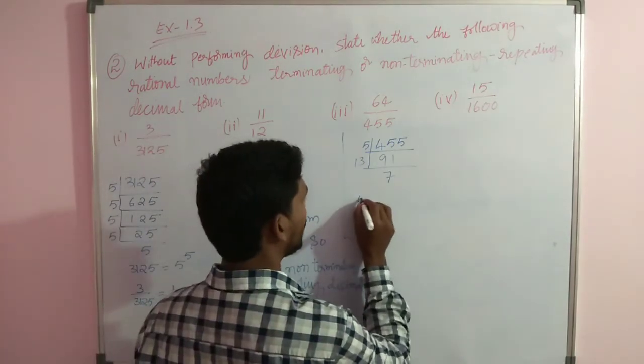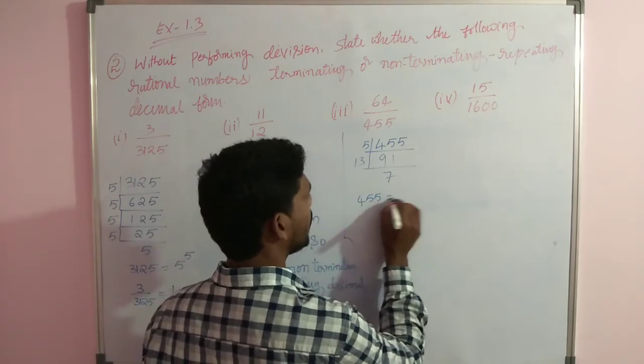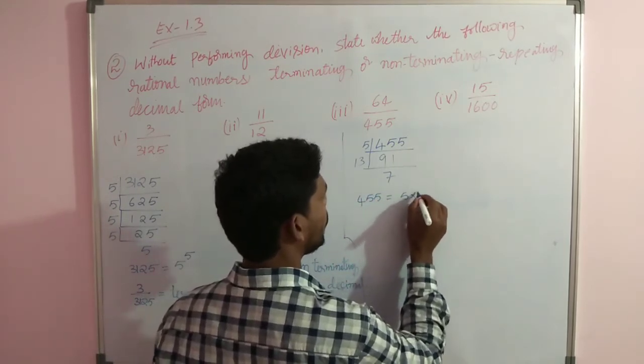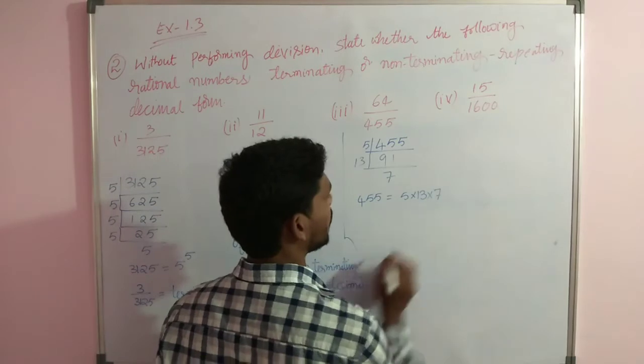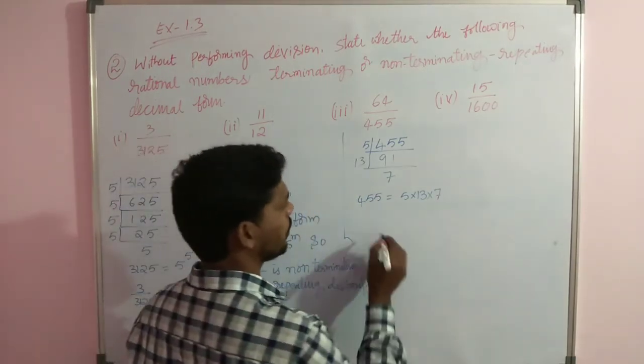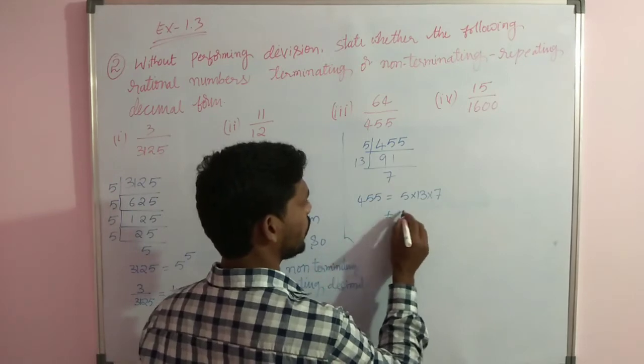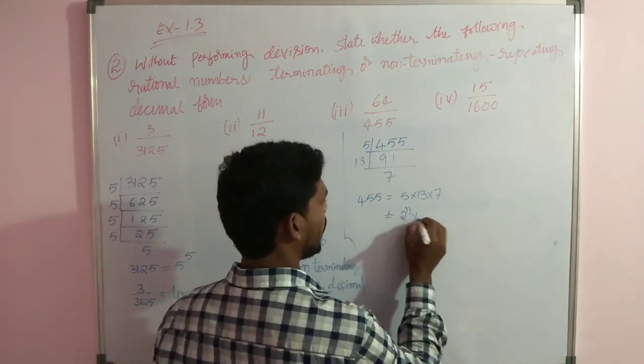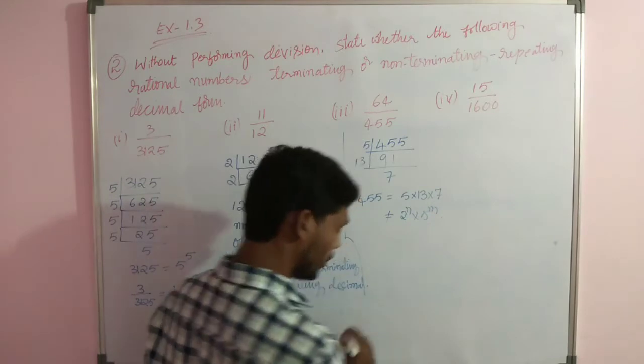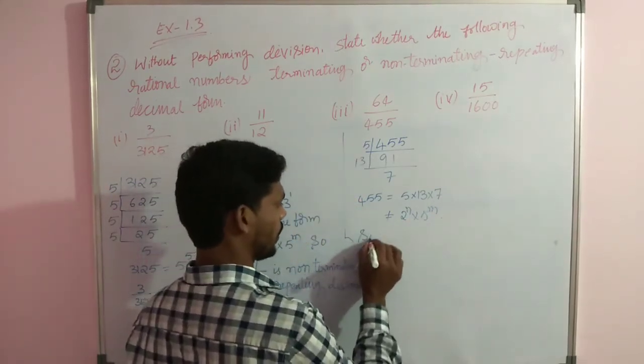So 455 can be written as 5 into 13 into 7. So this also is not in the form of 2 power n and 5 to the power of m.